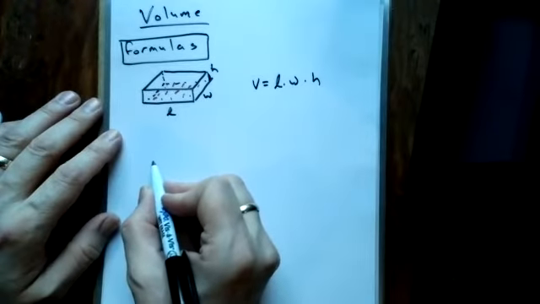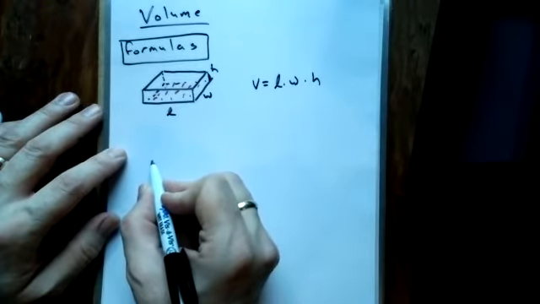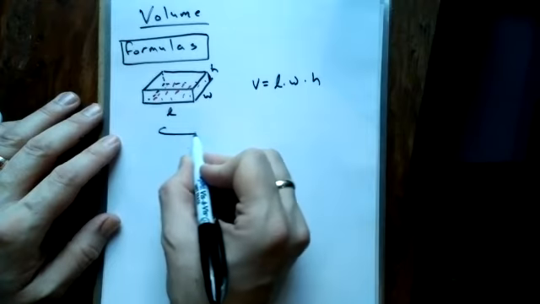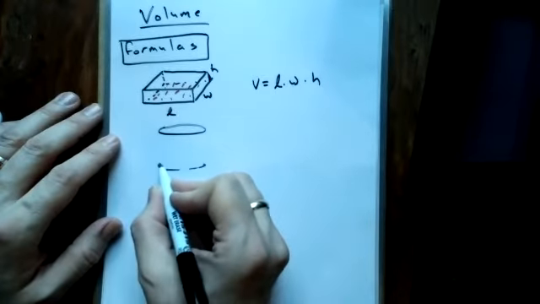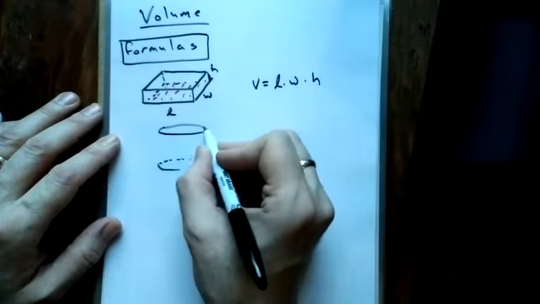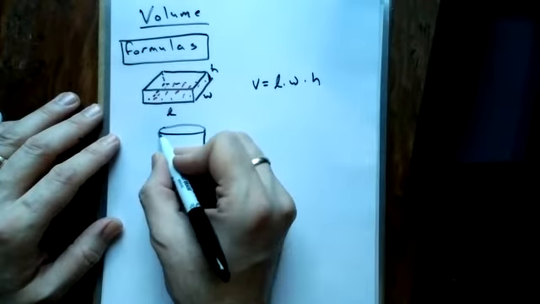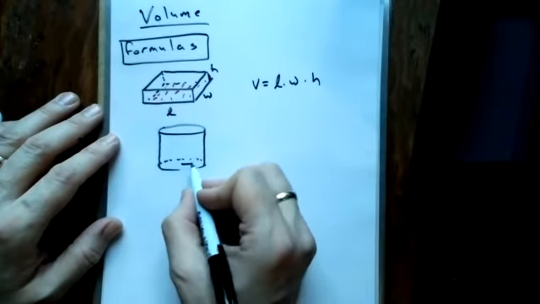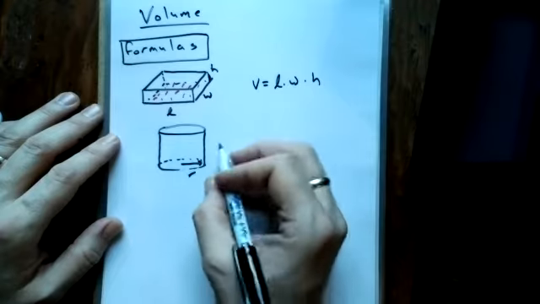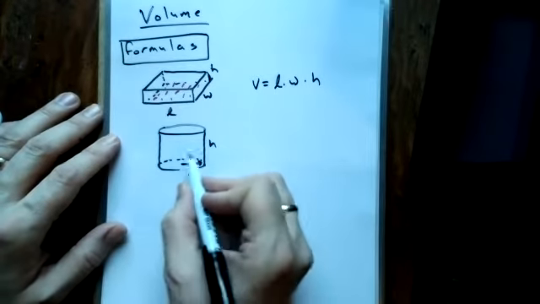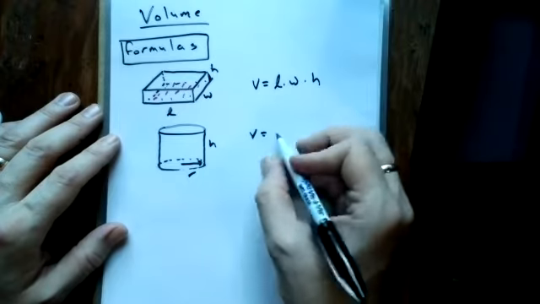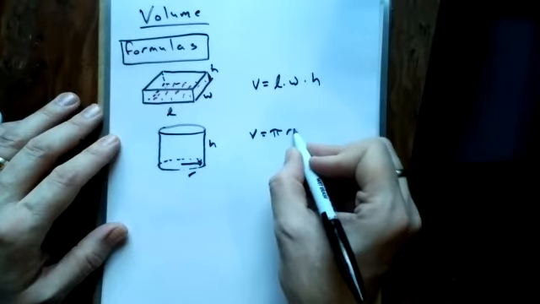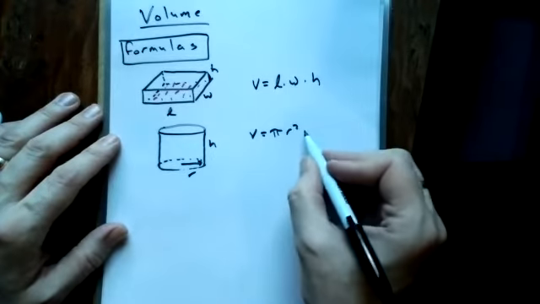So I could have a cylinder, which is in a lot of ways just a circular prism. With that, I will have a radius and again a height. So the area of a circle is pi times the radius squared, and of course, multiply it by the height.